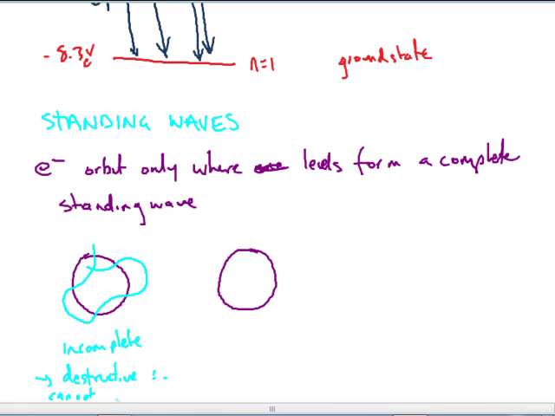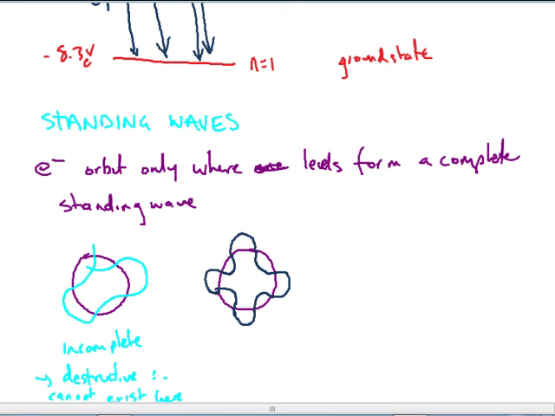So only energy levels that give us a full, let's go with 4, a complete standing wave are going to exist.